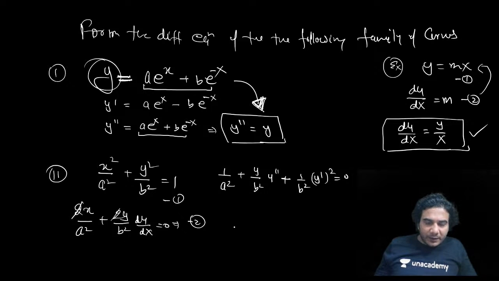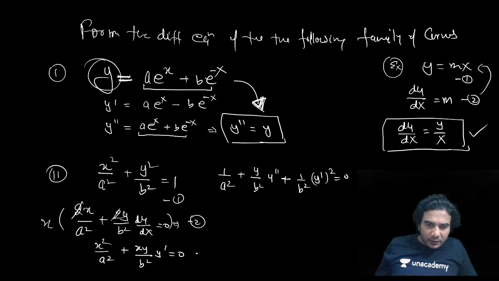Multiply this second equation by, see, now you need some calculation. If you multiply this equation by x, you'll get x square upon a square plus xy upon b square into y dash is equal to 0. I'm writing this equation as the fourth equation. Subtract this fourth and first.